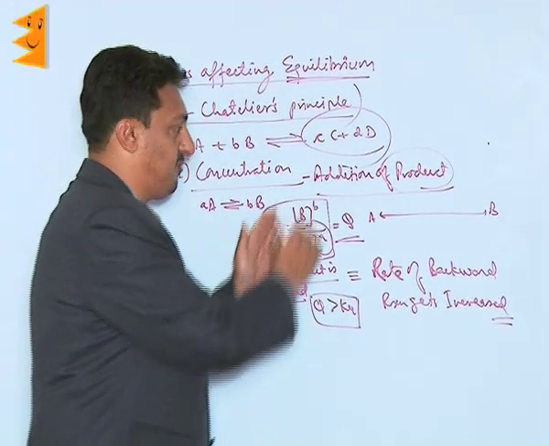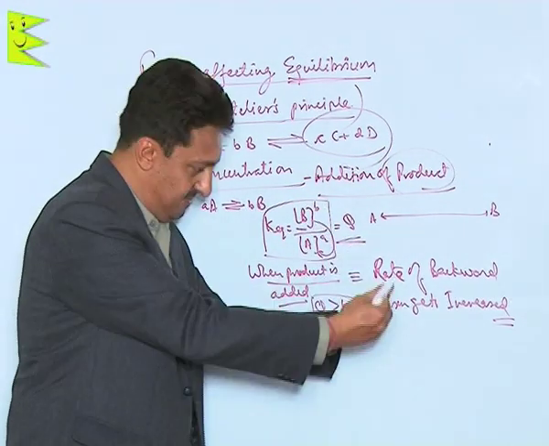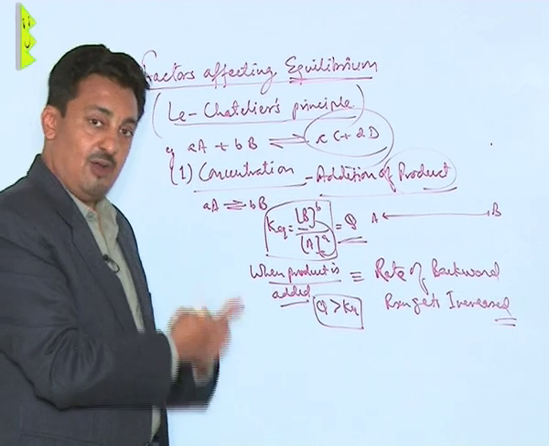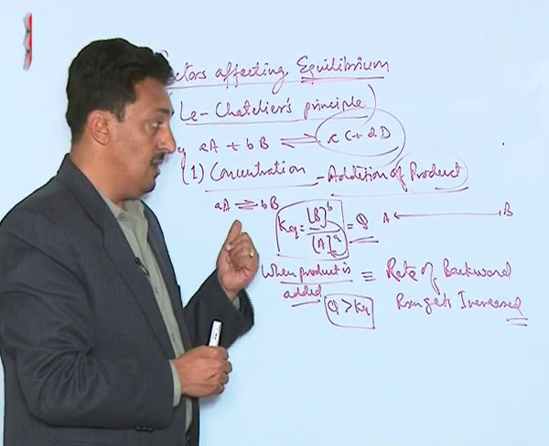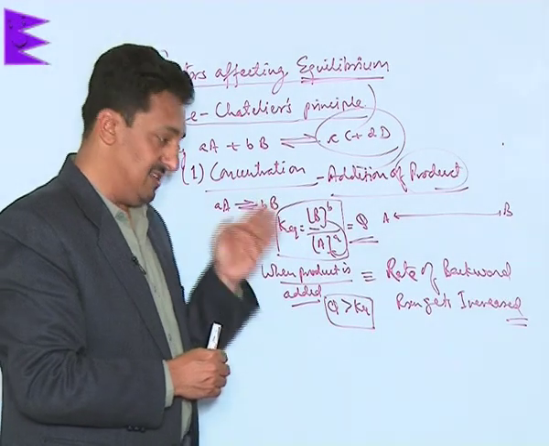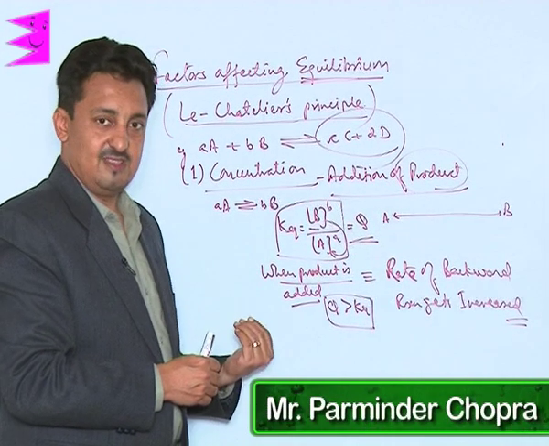Of course, the system shifts towards the reactant side, but which rate gets increased? Backward rate gets increased, because the product has been added to it. So by this we have seen, if a reactant is added, the rate of forward reaction gets increased. If a product is added, the backward reaction gets increased.